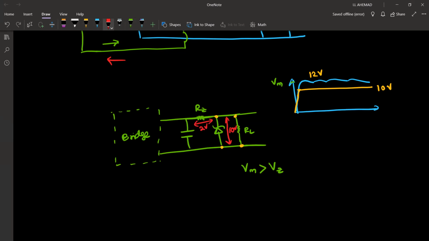If this Zener resistor is not present, then there is no possibility for 12 volt to drop. I mean, if there is 12 volts, all the 12 volt has to drop across RL. There is no other option. So the circuit might not be working properly, or it might not work as we expected without this resistor. Okay, this resistor is important. Is the idea clear?